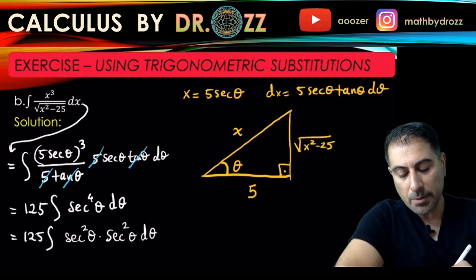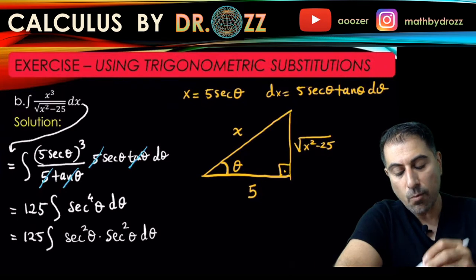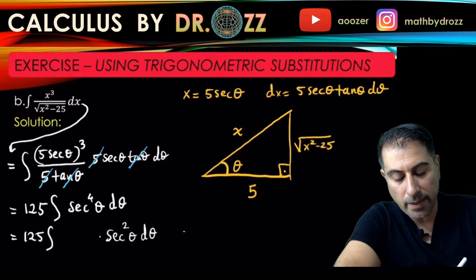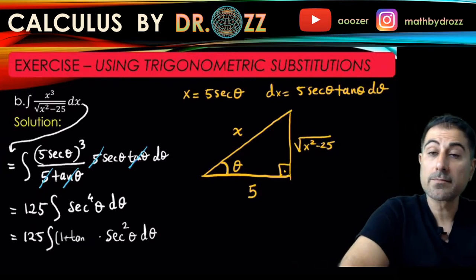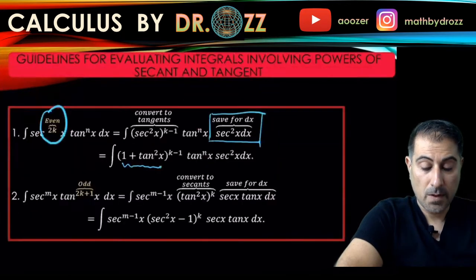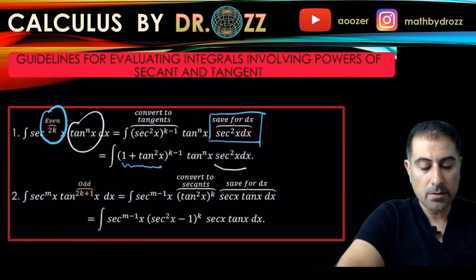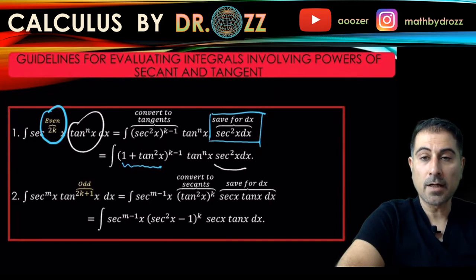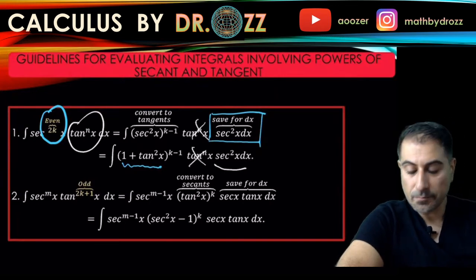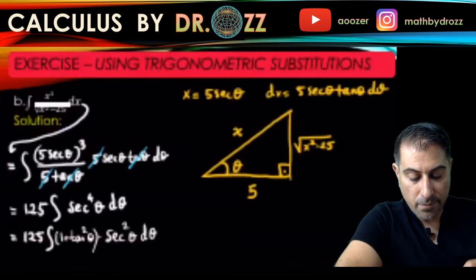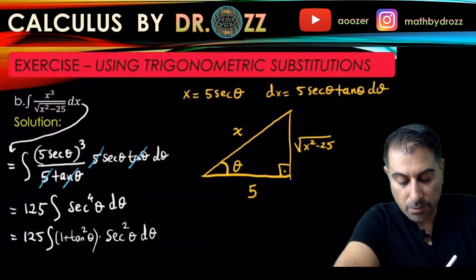But also I'm going to rewrite this as 1 plus tan squared, the way it is described in this recipe here. Since I have no tan to the power of n in the integral, I don't need to worry about those terms. All right. So let's go back here and continue from right here.